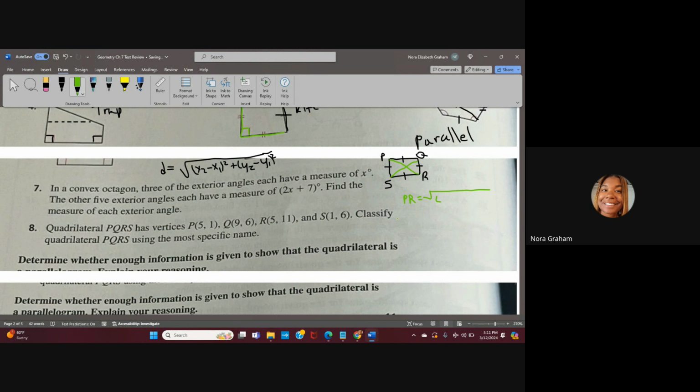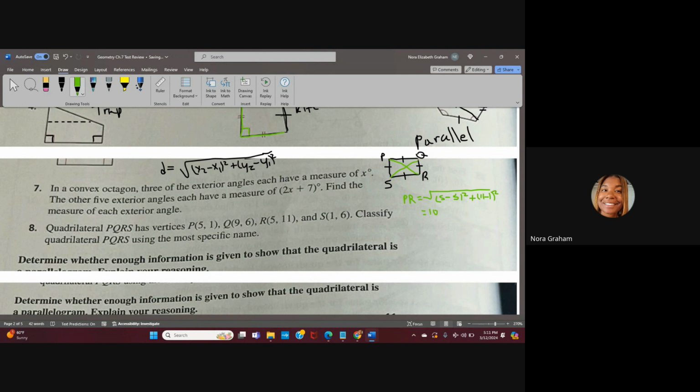So 5 minus 5 squared plus 11 minus 1, and that's squared. When you use algebra and solve this down, you're going to get PR is actually equal to 10.